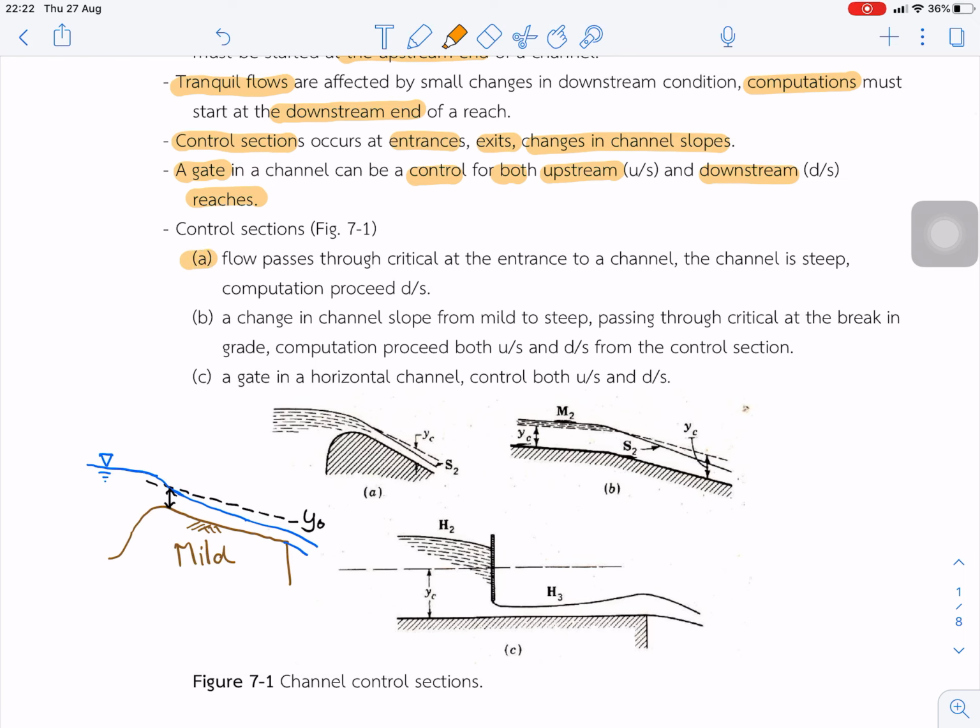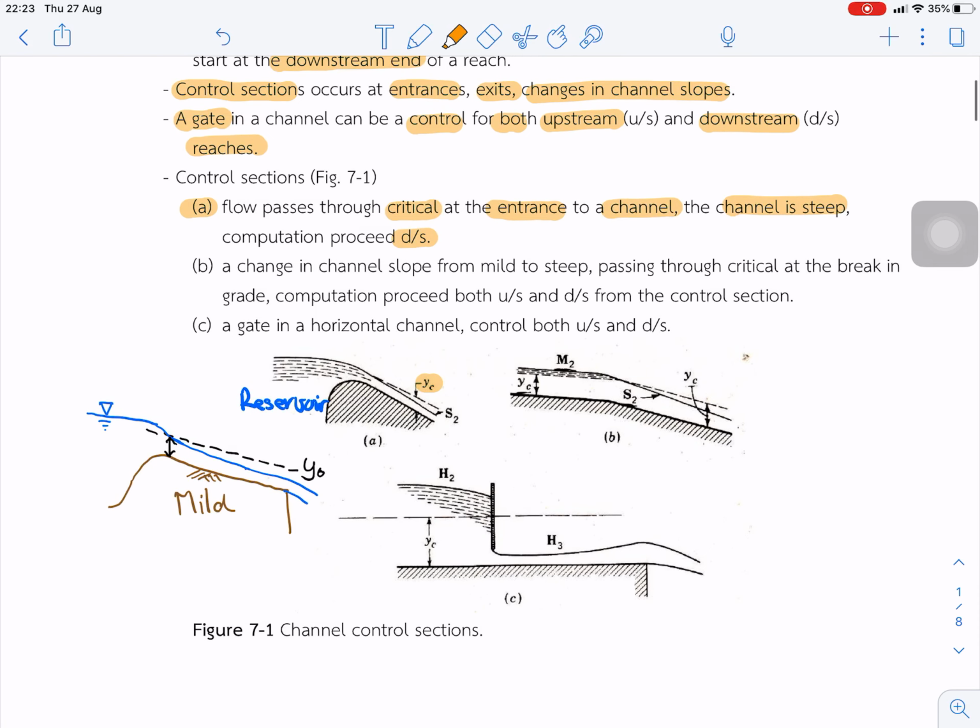For A, flow passes through critical depth at the entrance to the channel. The entrance can be some reservoir. In this case, if the channel is steep, the computation proceeds downstream, and we expect to see this passing through YC.